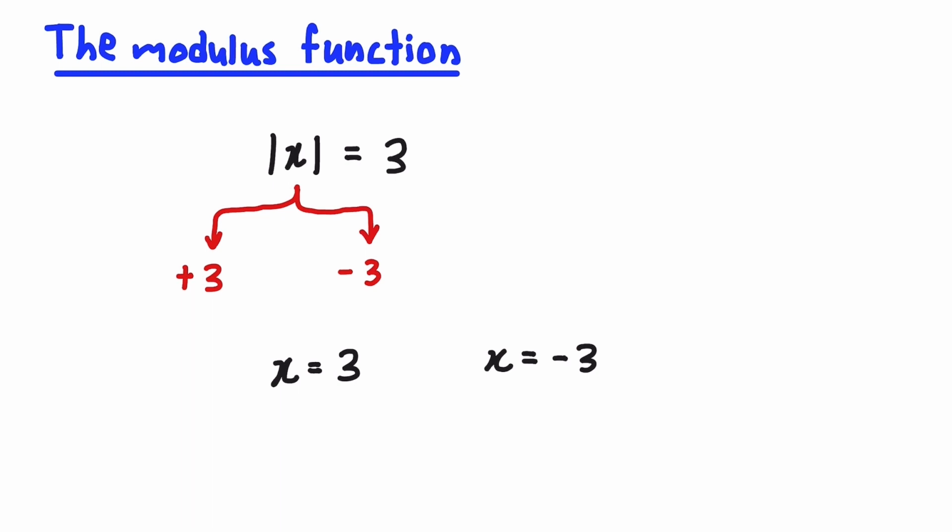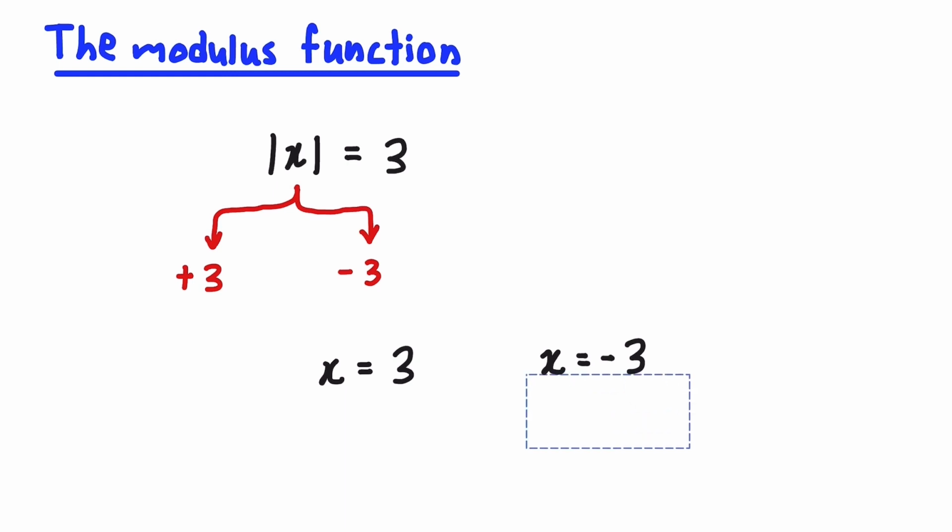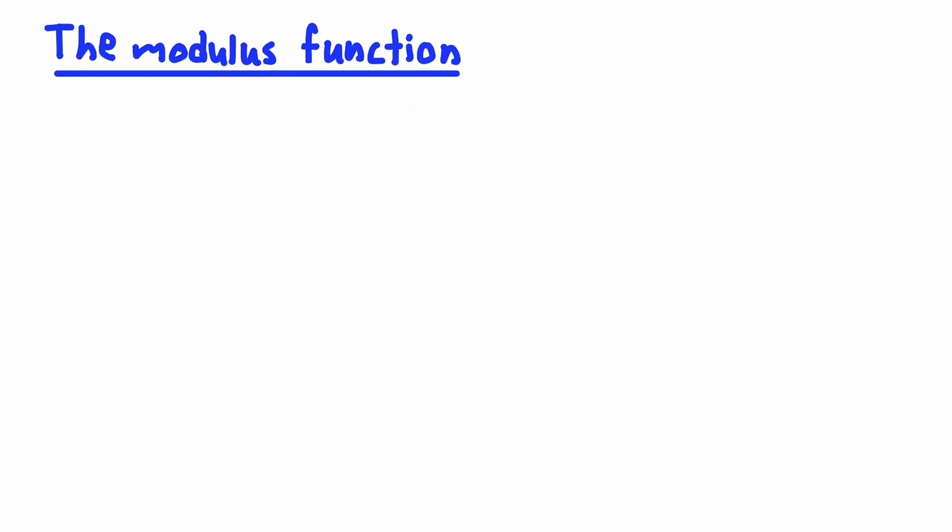So how could we write the equation? We could solve for x by saying x could be equal to 3 and x could be equal to negative 3 as well. So we'll take a more complex example. Let's say we have the modulus of ax plus b equal k.